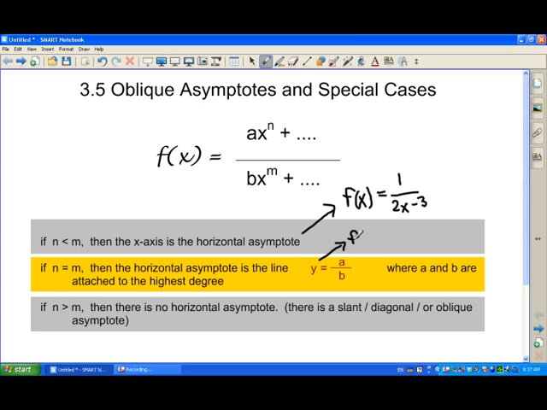A more complicated example of this could be the function 3x squared minus 1 over 2x squared. And here we would have a horizontal asymptote at the line y equals 3 halves.